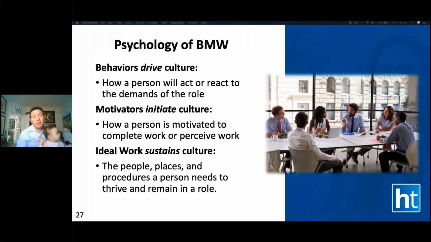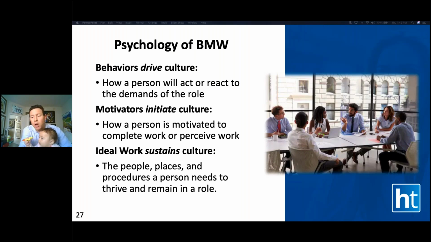So what's the psychology of this BMW framework that you guys should think about for your company? For each of your teams, divisions, and the whole company, you should look at the behaviors. Those are things that are going to drive your culture, how a person acts or reacts to the demands of the role. Next, you should look at their motivators, what's under the iceberg, under the water. What motivates them will initiate your culture, how a person's motivated to complete work or perceive work.